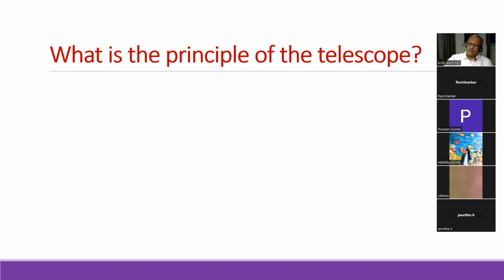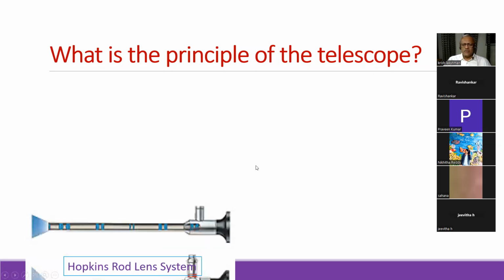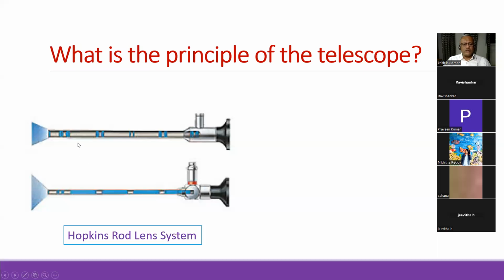We talked about something. Hopkins was a name given to it. We talked about the Hopkins rod lens system, right? Yes, sir. So these are rigid rod lenses. You have small convex lenses in between these rods, and if you want to bend light for whatever reason, then it uses prisms.